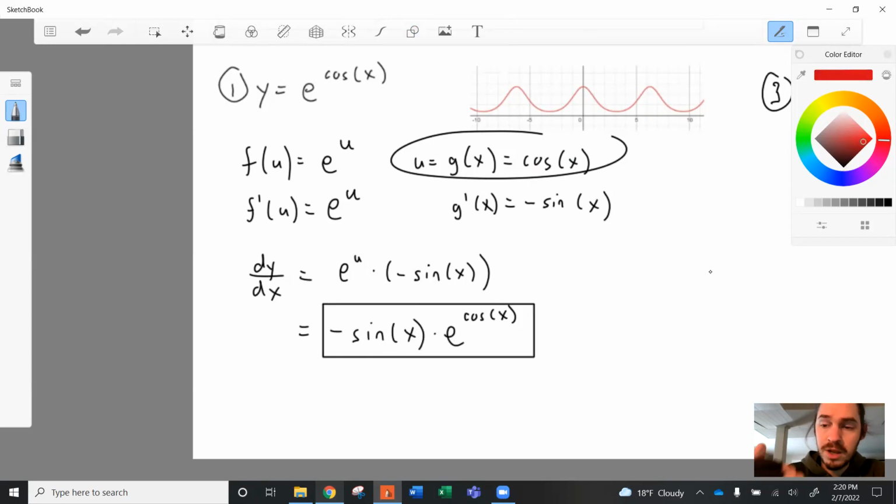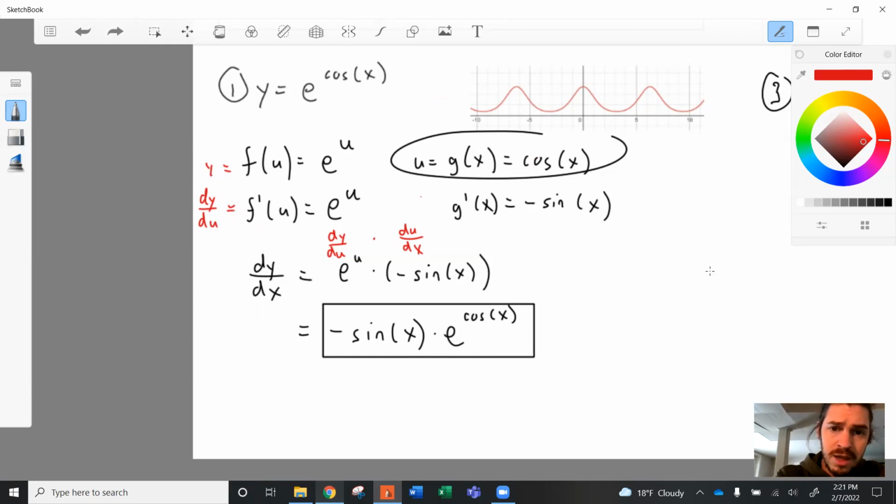Remember, the Leibniz version of the chain rule says dy over dx is dy over du times du over dx. And you can see that's what these are right here. This is the dy over du, because y equals f of u. So when we differentiate f with respect to u, that's getting that derivative there.